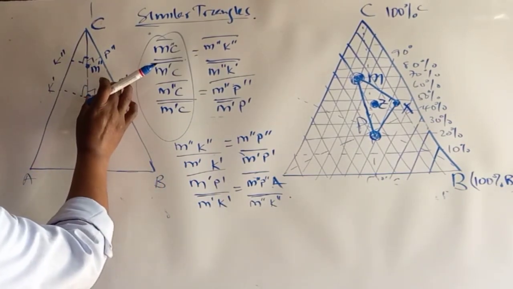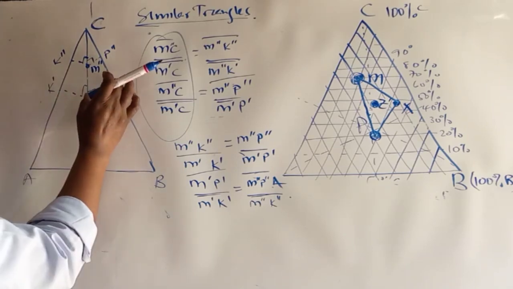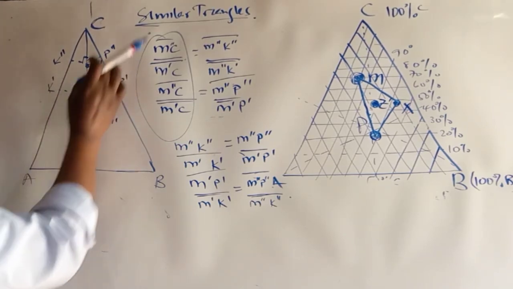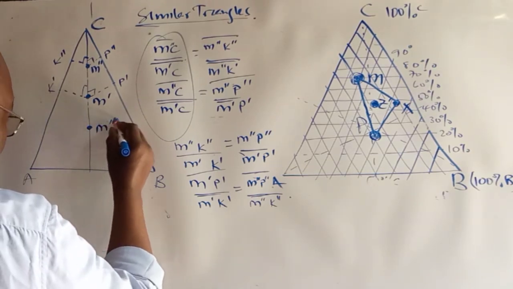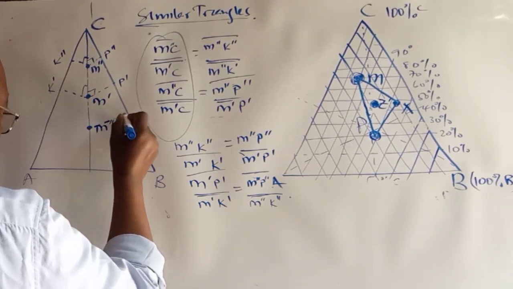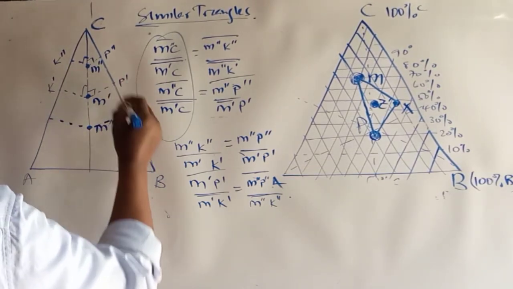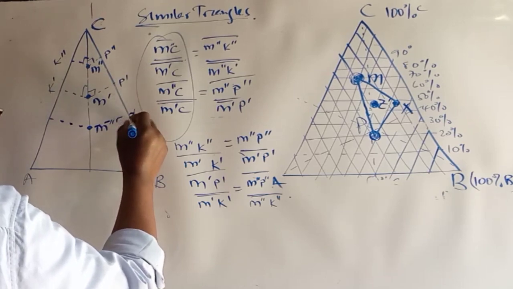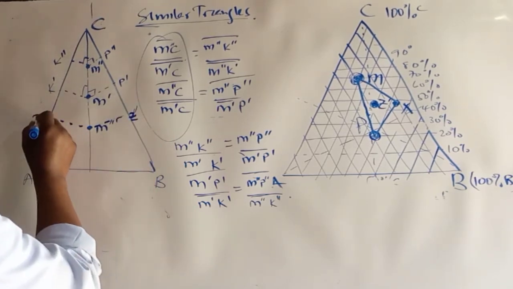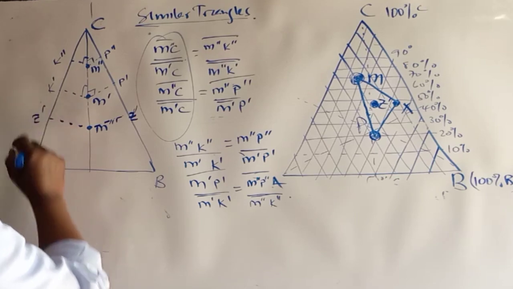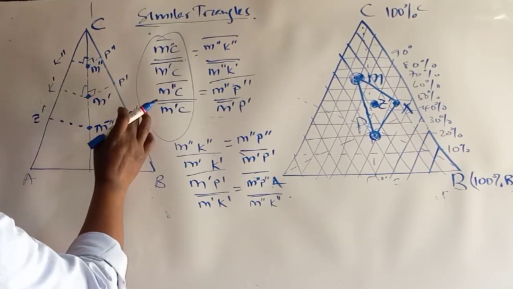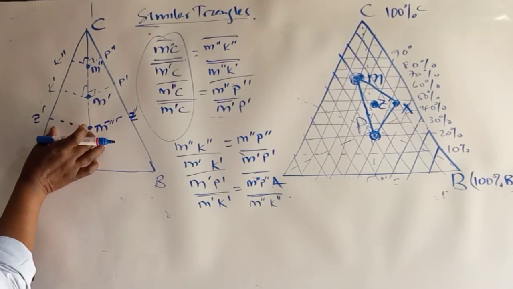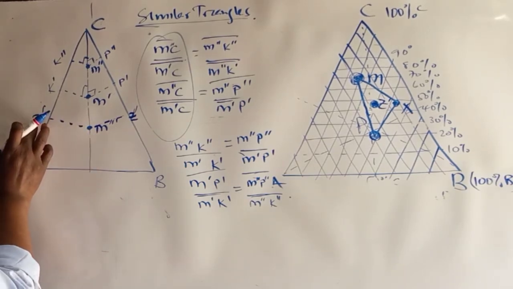Then the same ratio, the length of that segment and that segment, is the same as this ratio, and it will be the same as this ratio here. Let's call that Z prime, and Z double prime here. It will also be in the same ratio as M double prime Z double prime, M double prime Z prime.